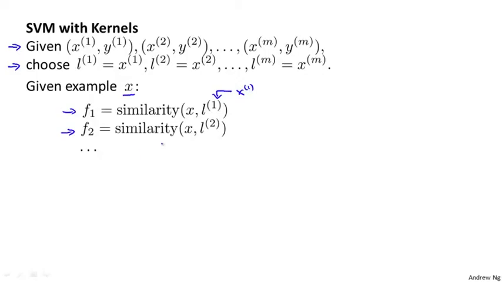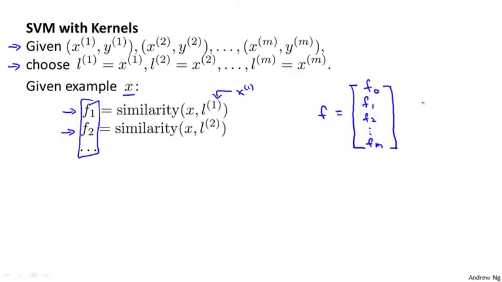And these then give me a feature vector, so let me write f as a feature vector. I'm going to take these F1, F2, and so on, and group them into a feature vector that goes down to Fm. And just by convention, if we want, we can add an extra feature F0, which is always equal to 1. So this plays a role similar to what we had previously for x0, which was our intercept term.